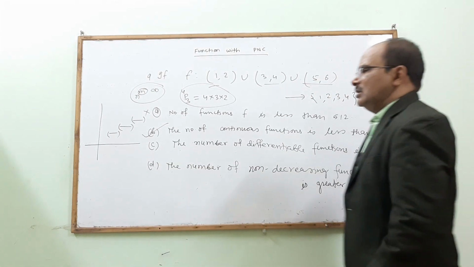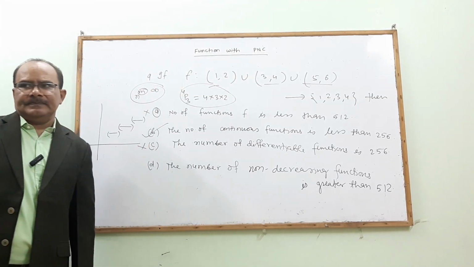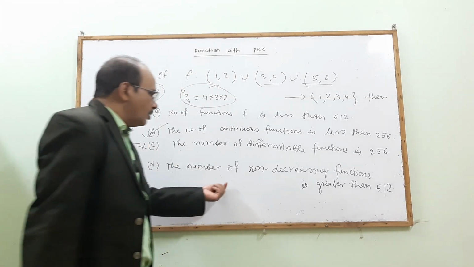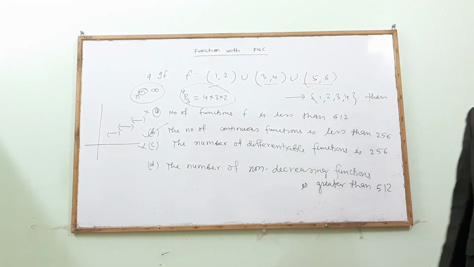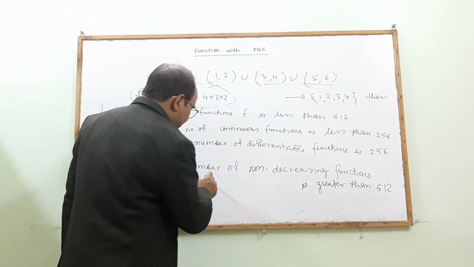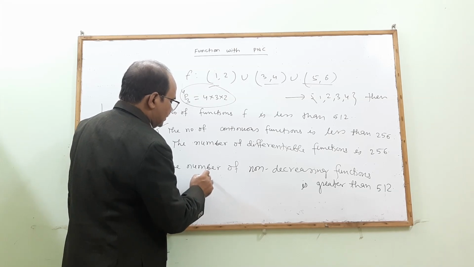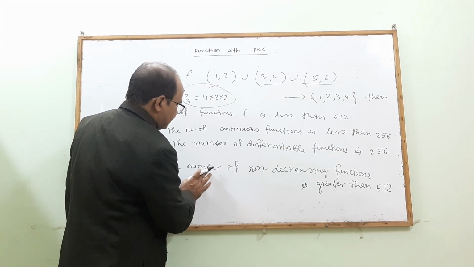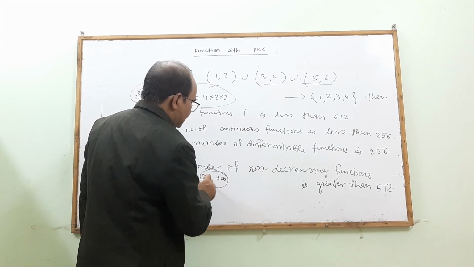The number of differentiable functions is 256. This is obviously not correct. And the number of non-decreasing functions is greater than 512. Non-decreasing will be what? Here the value of m is infinite.